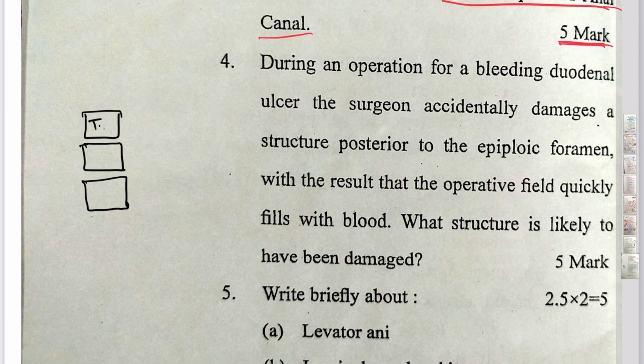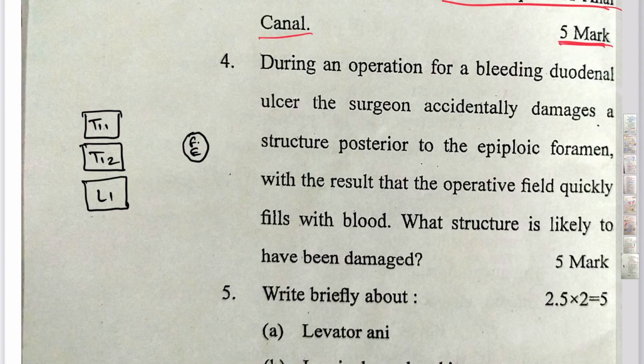So let's presume this is T11, this is T12 and this is L1. And this will be the position of the foramen epiploicum. That is a channel to communicate between the greater and lesser sac. And you know that the foramen epiploicum is bounded in front by the lower free edge of the lesser omentum, and the lower free edge of the lesser omentum is formed by the hepatoduodenal ligament.